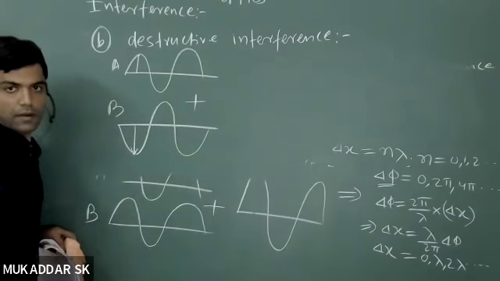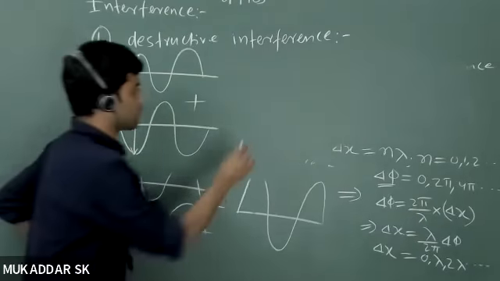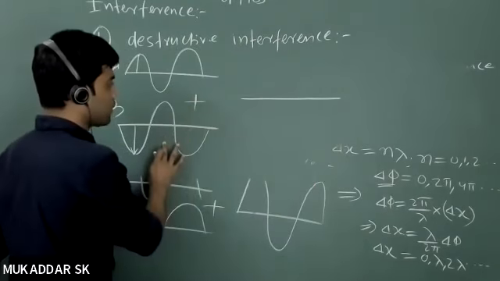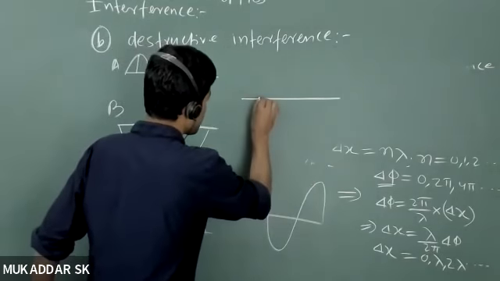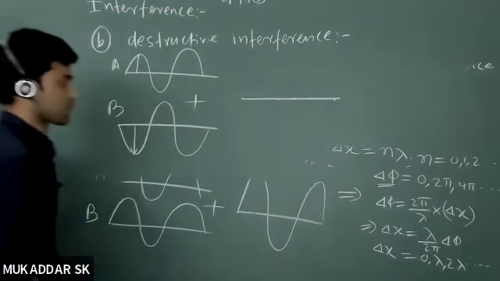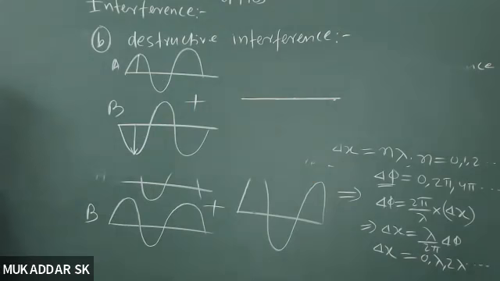If you add them, the resultant will be 0. Exactly. So if both waves have the same amplitude, the resultant will have 0 amplitude, right? You will get nothing here. You get what I'm saying?